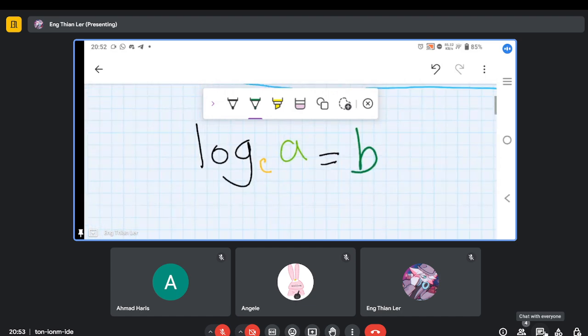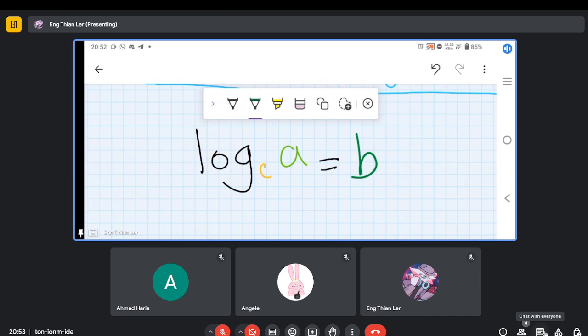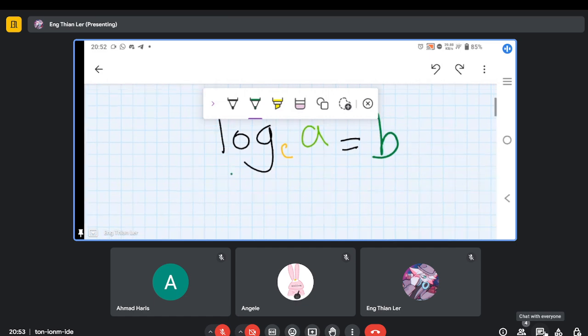What can we say from this? If log A base C equals B, we read this as log A base C equal to B. So how do we pronounce this? This is log 3 base 2. After this I will pronounce it like that, so I hope you don't get confused.